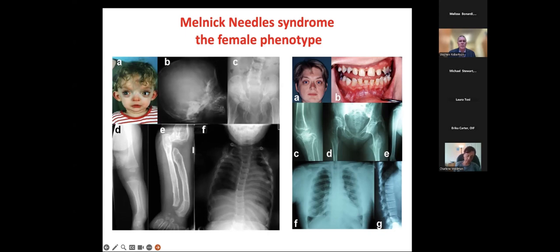Females with this disorder also have a characteristic craniofacial appearance, and it's typical on the upper left there, with exophthalmos, round cheeks, and a small jaw. Dental abnormalities are also a feature, with amelogenesis imperfecta, and renal and cardiac abnormalities can be found too.